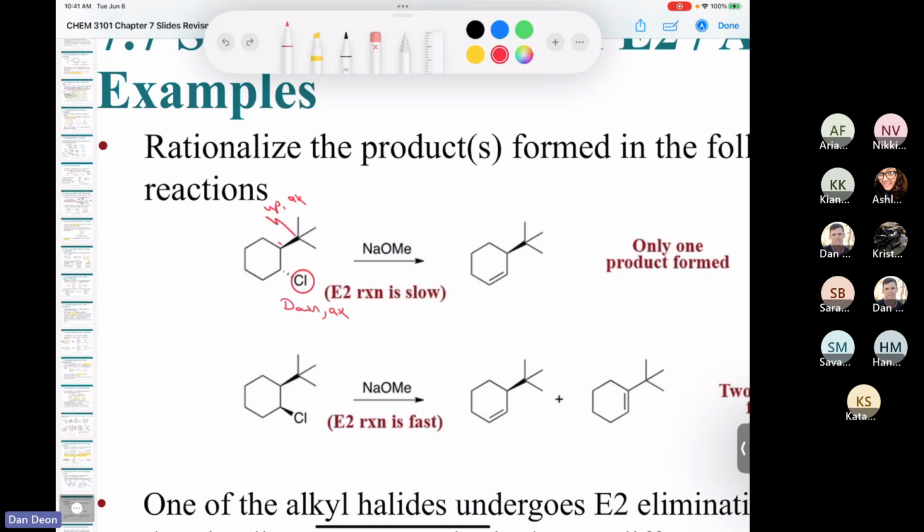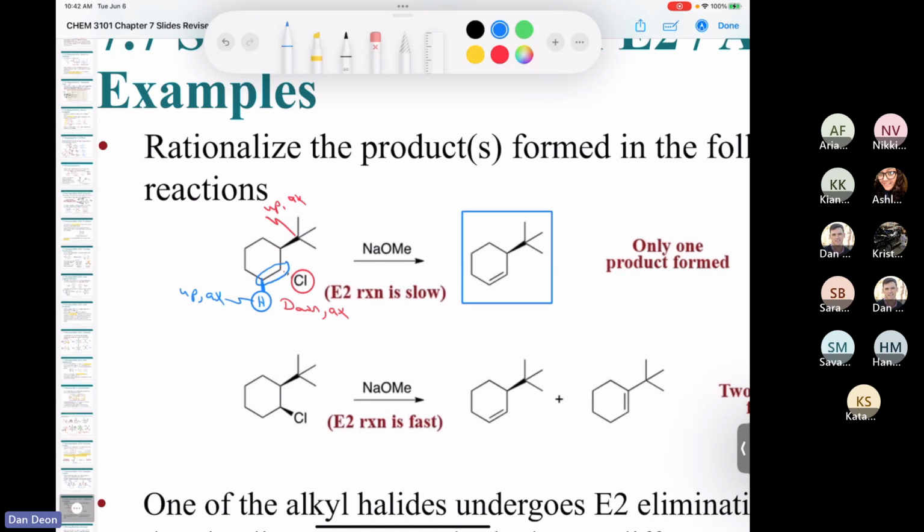So you cannot eliminate that proton. However, if you look here, if we draw this proton in blue, this proton would be going up and axial. And so you can do an elimination with this proton. And so that is why this is the only product we get, the one where the double bond is formed between this hydrogen and this chlorine.